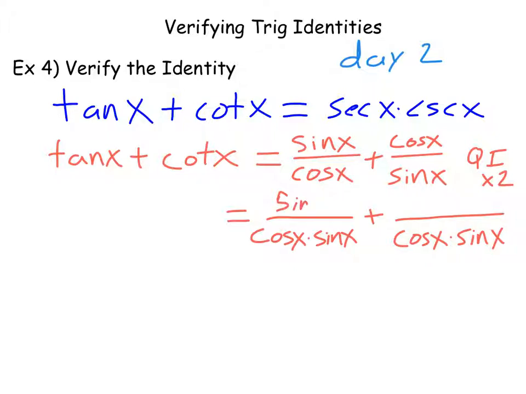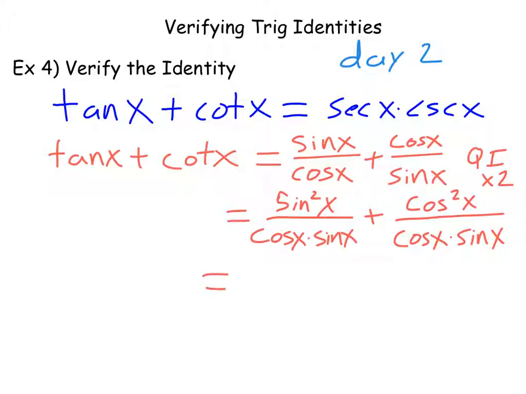I need to do the same to the top, and it will become sine squared. The second term on the bottom had a sine, got multiplied by a cosine, and the top becomes cosine squared. Okay?